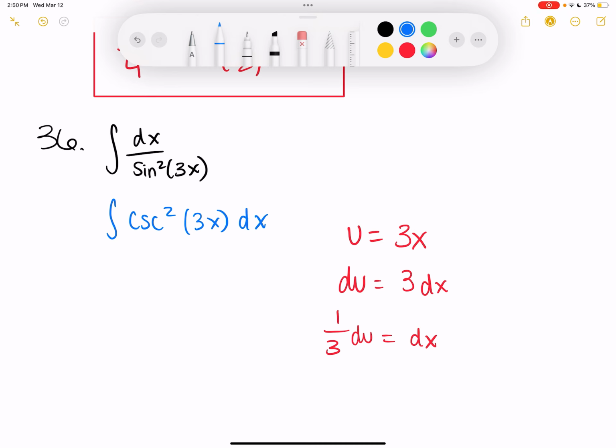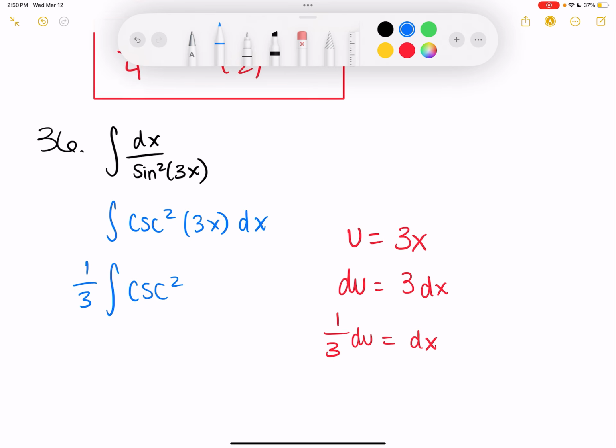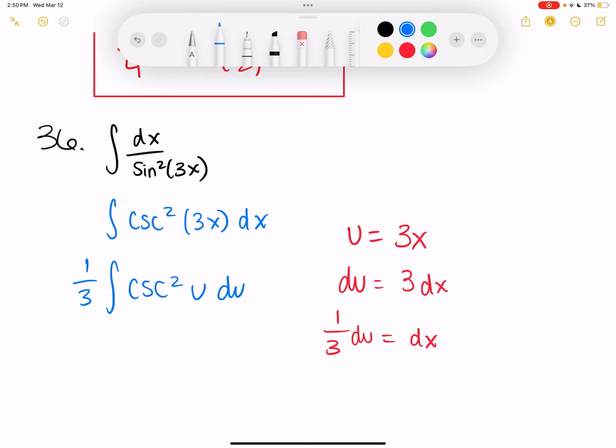So then I've got 1/3 the integral of cosecant squared of u du. Antiderivative is... I'm forgetting.